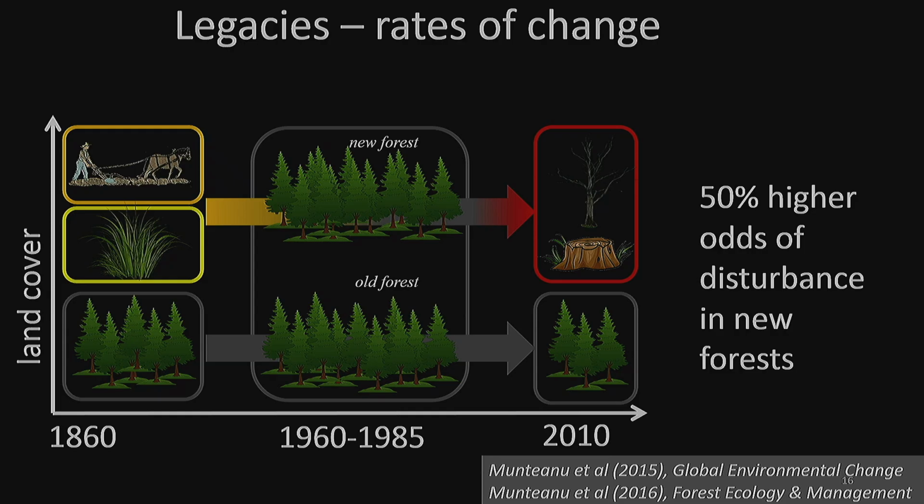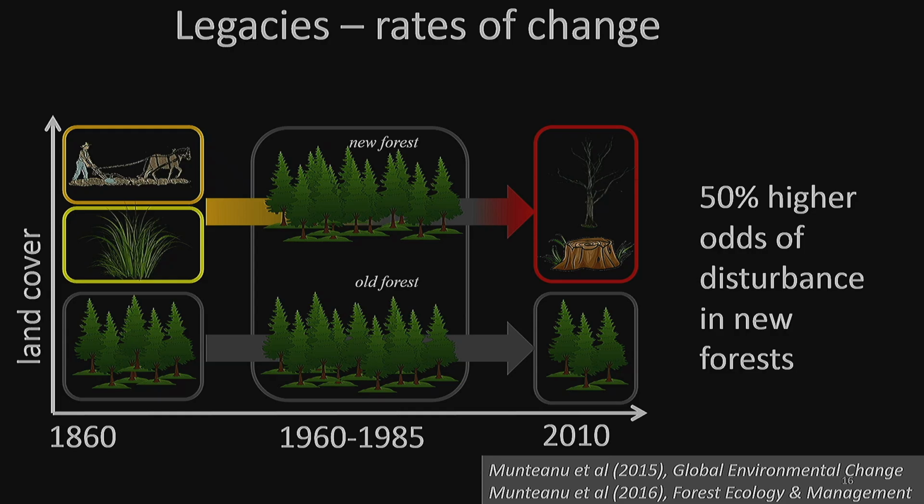So we went back, and Dominic showed part of this, we went back to the 1860s and then modeled the occurrence of forest disturbances in the recent period as a function of historical forest cover or land use cover. And we found a 50% higher odds of disturbance in those areas that were not forested 200 years ago compared to areas that were forested back then.